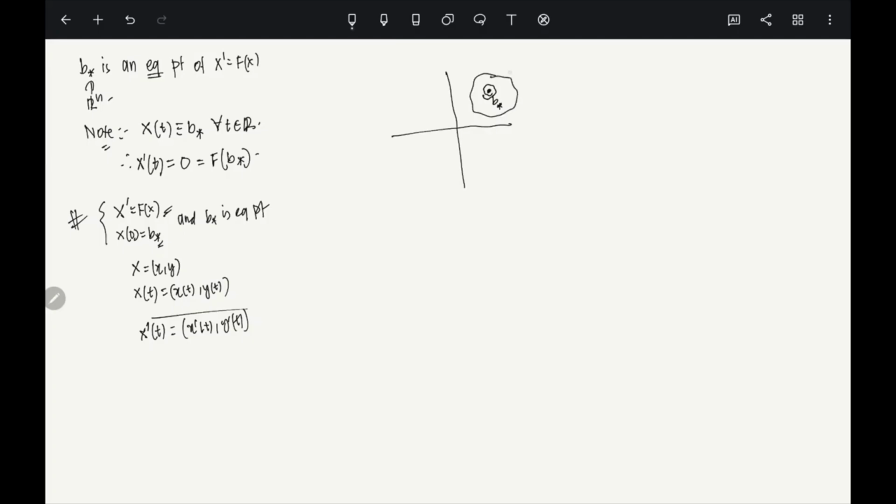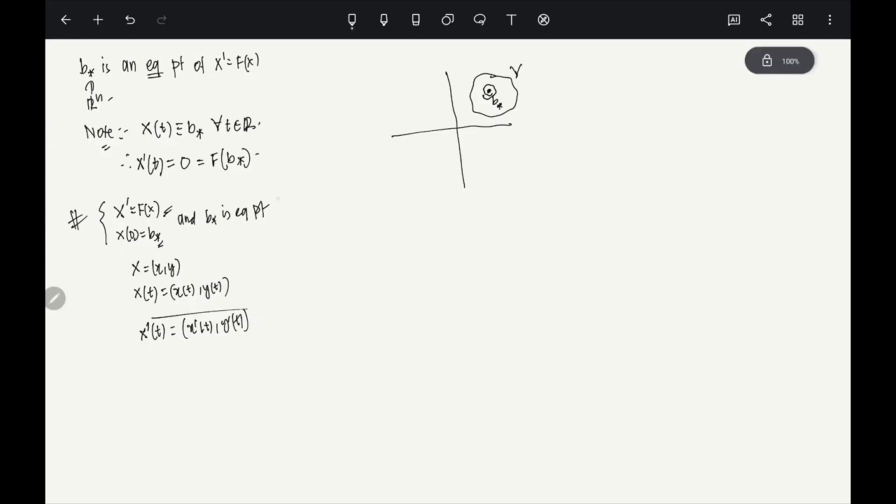So there is a neighborhood of B star, let's say V, where the solution will always be contained. It cannot go out of our neighborhood. So basically, there will be a neighborhood where you can contain the whole trajectory of the solution.